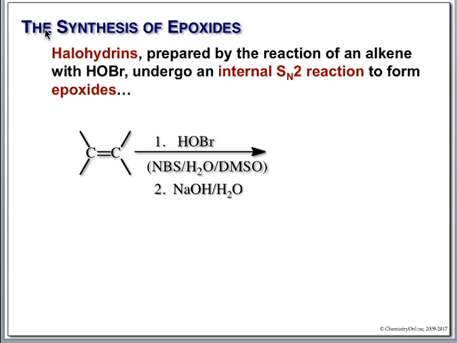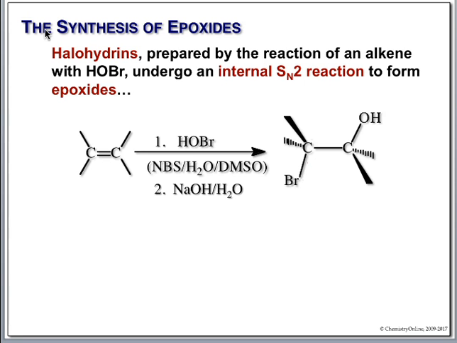Fairly nice reaction. What happens here is we add the hydroxyl group to one carbon and the bromine to the second. This goes through a bromonium ion intermediate, and we wind up with what's known as a halohydrin. So OH on one carbon and a halogen on the adjacent one. You can do it with HOBr or HOCl. Both of them work nicely.